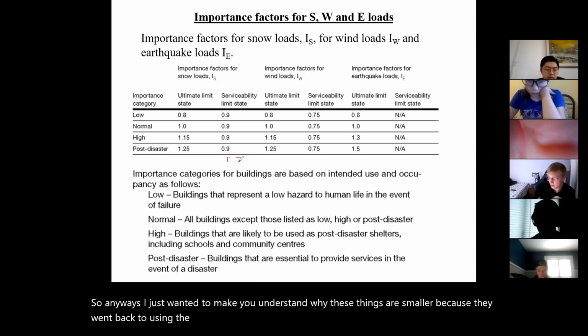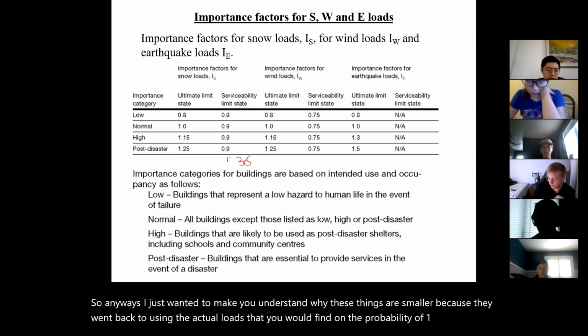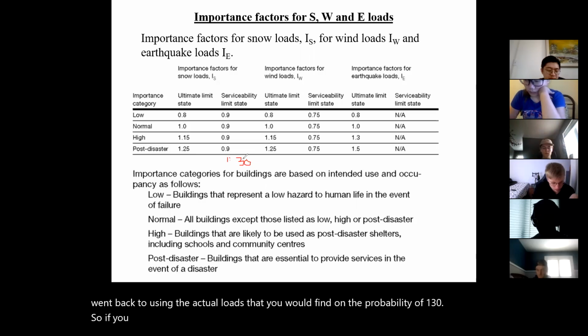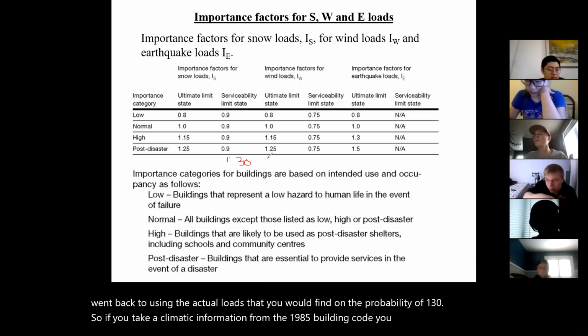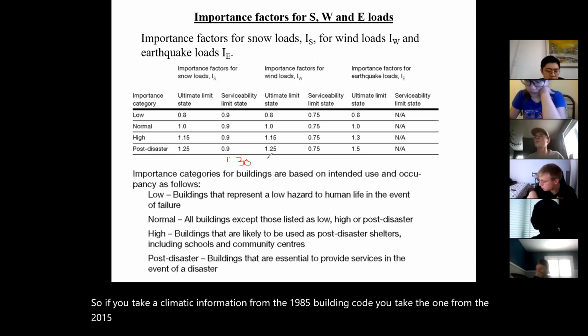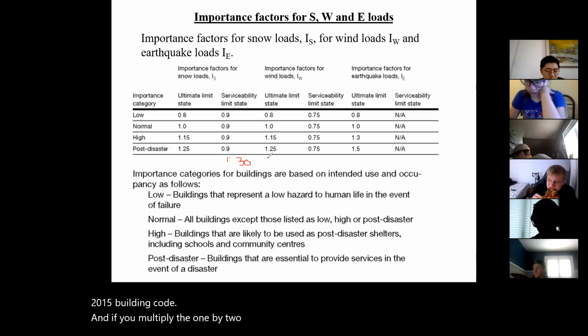If you take the climatic information from the 1985 building code and the one from the 2015 building code, and multiply by the factor, you'd probably get the snow load used back in 1985.